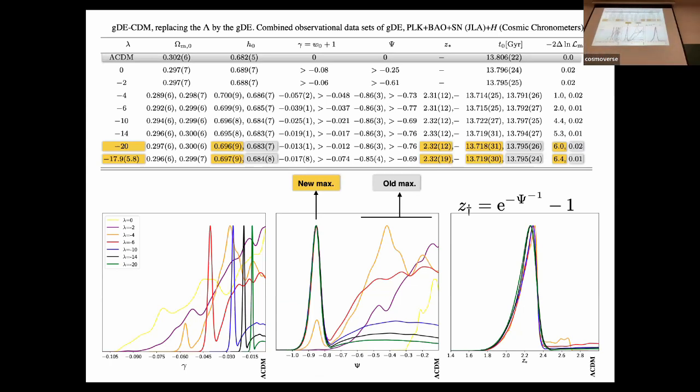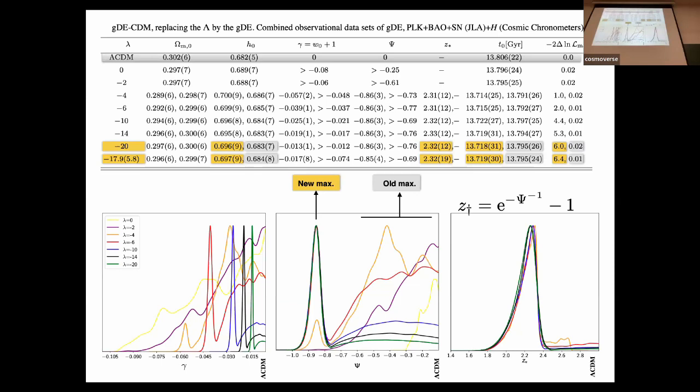When you go for large negative values of lambda, in this case you see lambda CDM win the game. You have this yellow region here, and this probability distribution favors lambda CDM.